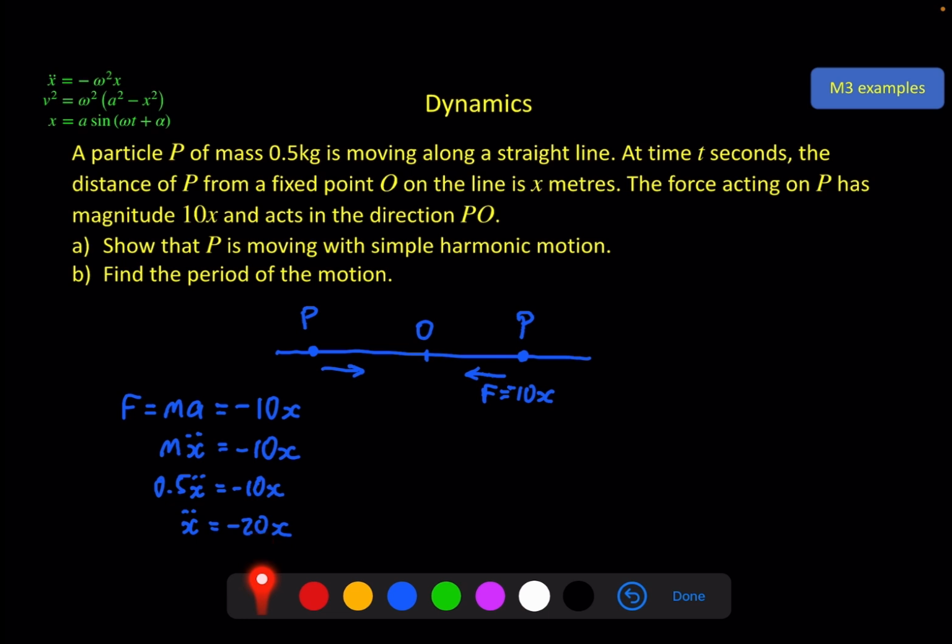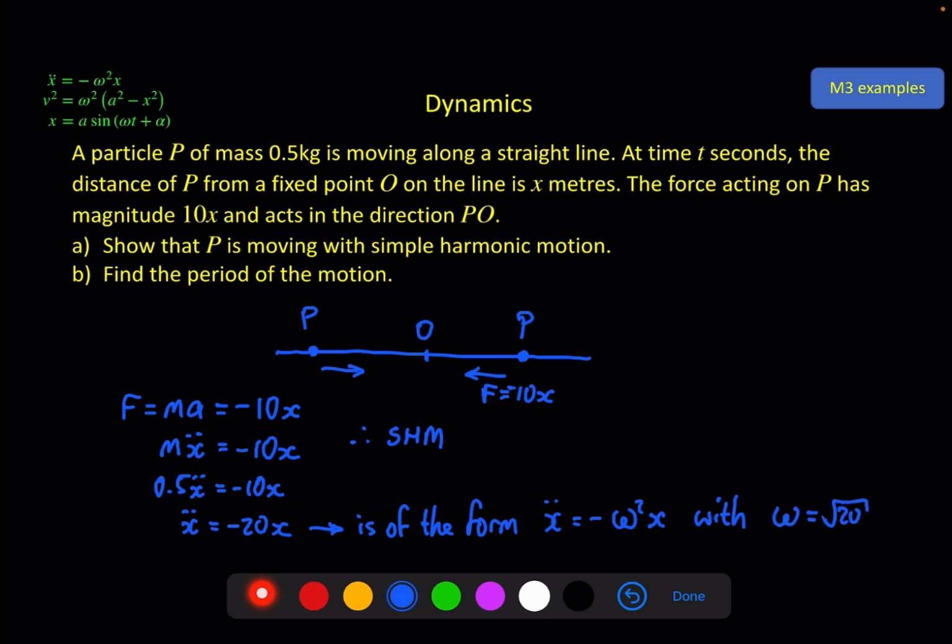I don't really need to state that outright, but I should make some sort of concluding comment. Even something as simple as "therefore SHM", and the examiner will recognize this as simple harmonic motion. So you can save yourself a few seconds of writing that out. But I quite like to say this is of the form x double dot is equal to minus omega squared x, with omega equal to the square root of 20.